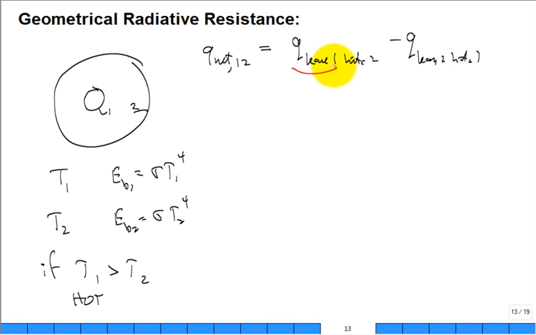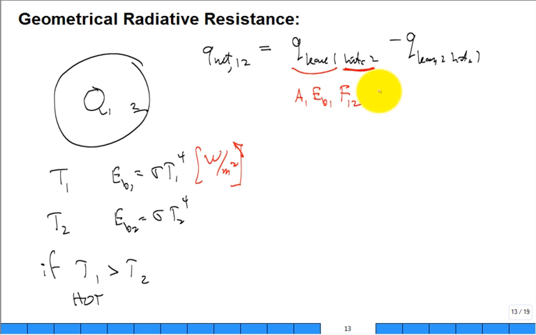What's the rate, the watts, at which radiative energy is leaving 1? Well, won't it be the product of A1 times EB1? If I know how big the area is, and I know it's watts per meter squared, then I know how many watts are leaving 1. Then I multiply by something to get that which hits or impinges on 2. Well, that's the fraction, our view factor.